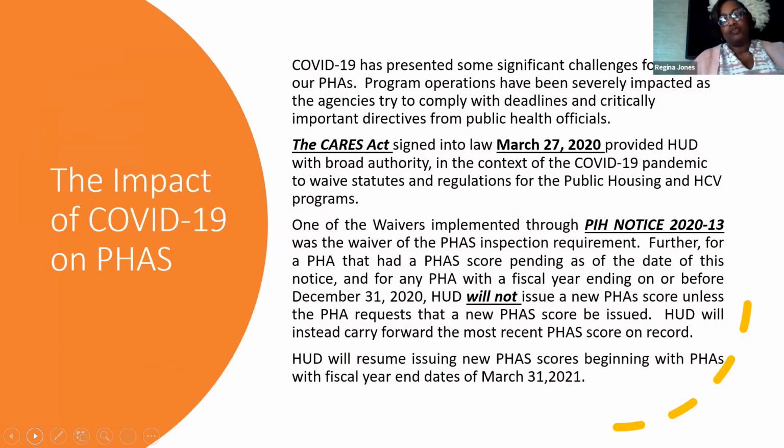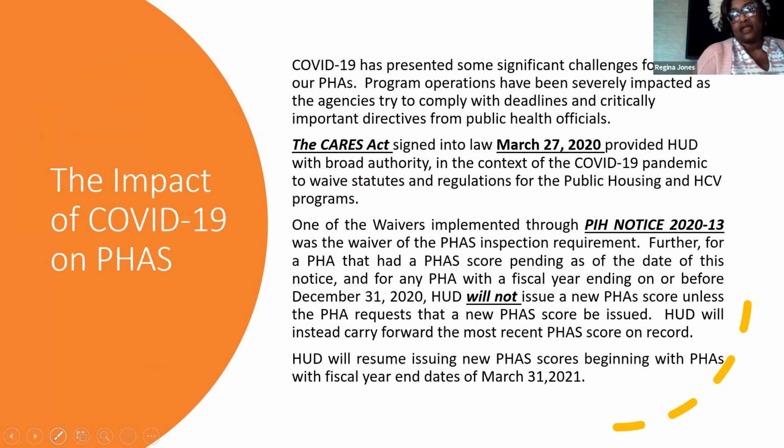I wanted to talk a little bit here about the impact of COVID-19 on PHAs. As we all know, COVID-19 has presented some challenges for HUD and our PHAs, especially with complying with some of the deadlines. PHAS being one of the deadlines that the PHAs have to comply with.